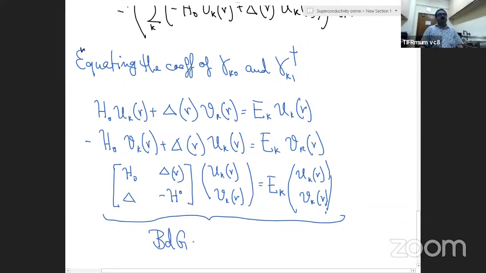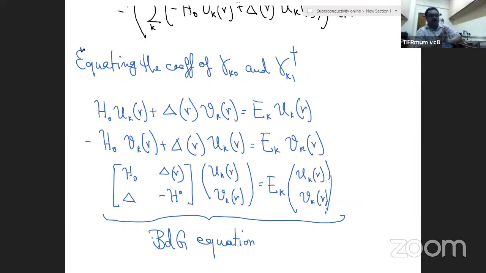This is the celebrated BdG equation, and if you give a search in any condensed matter journal, you will see that solving the BdG equation in various situations is a very powerful tool, and a huge number of people actually solve this equation in various ways, in various systems. Now, it's possibly an equation that is more used than the original BCS Hamiltonian in the second quantized form.